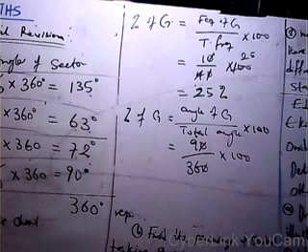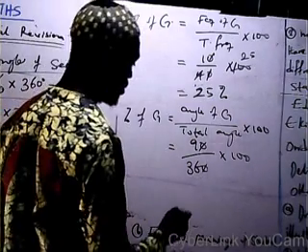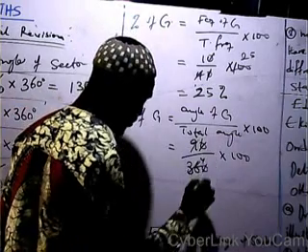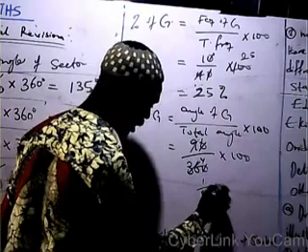The 0 here, 0 here, cancel it. Can 9 go into 36? Yes. Try 9 into 36, you are getting 4. You use 4 to get 9, so you are getting 4. So you are left with 1 over 4 times 100.